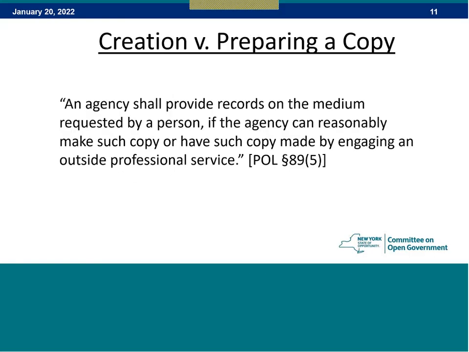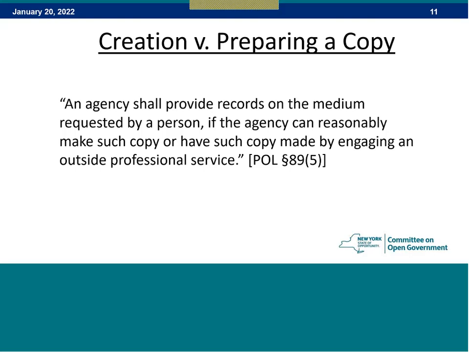A little bit more on the distinction between creating a new record and preparing a copy of a record. There's a provision of FOIL that states an agency shall provide records on the medium requested by a person if the agency can reasonably make such copy or have such copy made by engaging in outside professional service. An example of this is, let's say you only have in-house paper copies of records, but you have a multi-functioning copier that can also scan those records.